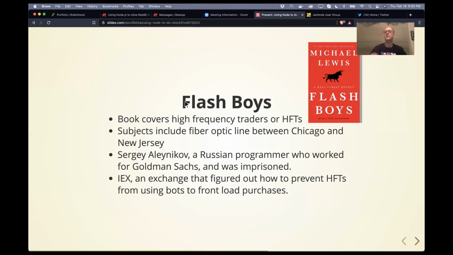If you do that over and over again, you're losing thousands and thousands of dollars because of that. And it turned out what was happening was when he was going to place his orders or look up a quote for a stock price, the HFTs would see that there was a quote for, let's say, 20,000 shares of Microsoft, and then they would go out and buy 10,000 shares, jack up the price.